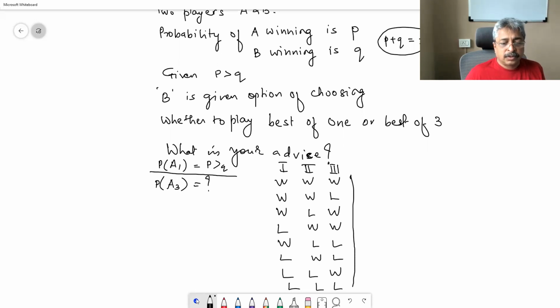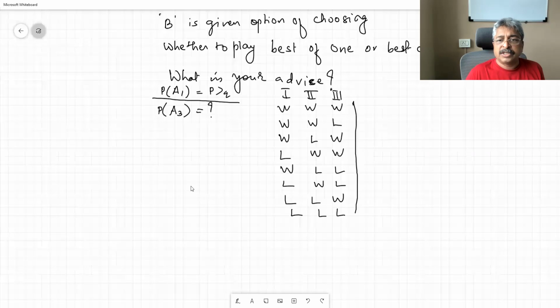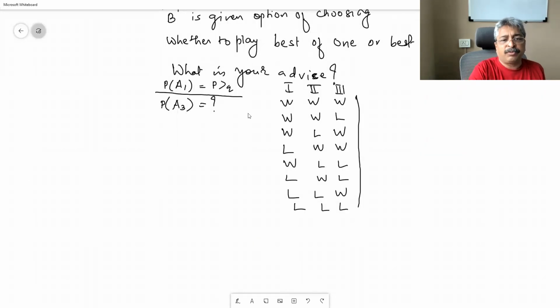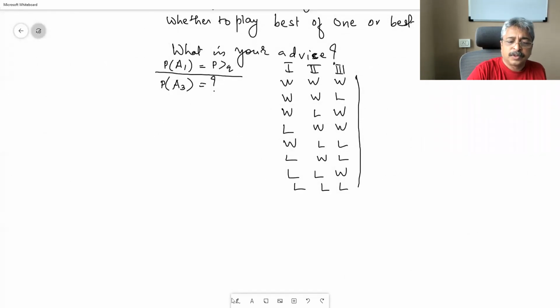Correct. So now let us do our calculations. We are trying to find out probability of A winning the tournament in best of three type of formats. So as far as A is concerned, win: probability of A winning first match is p, second match is p, and third match is p, which is p cube.